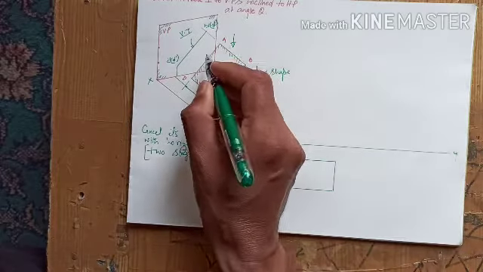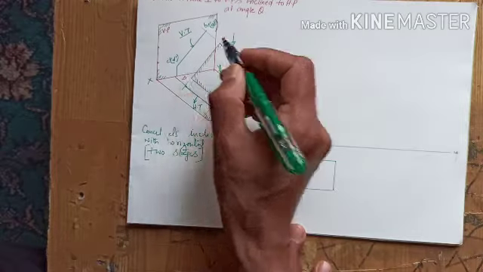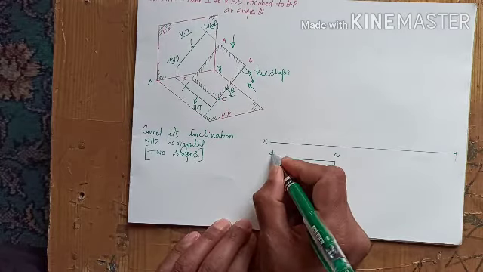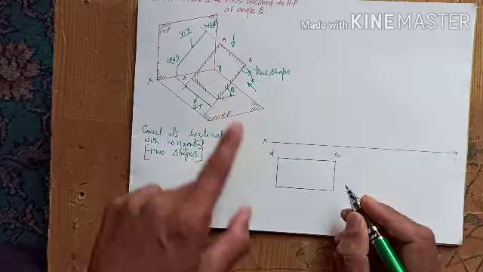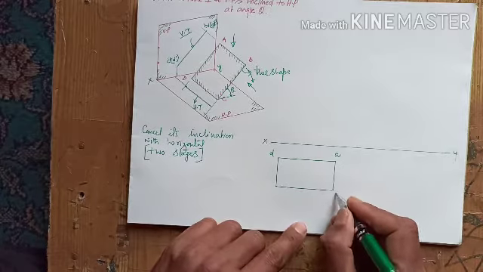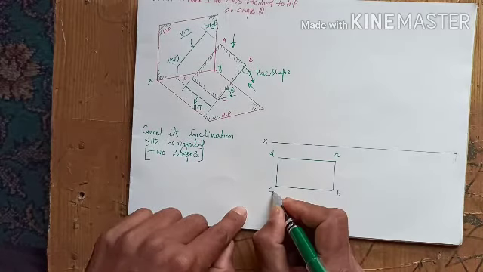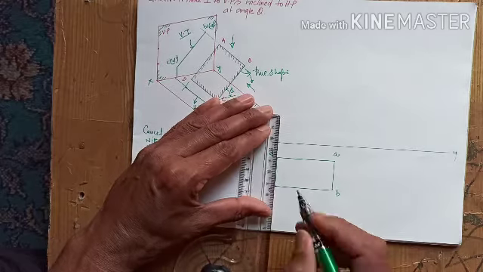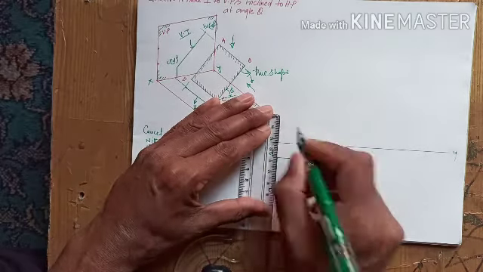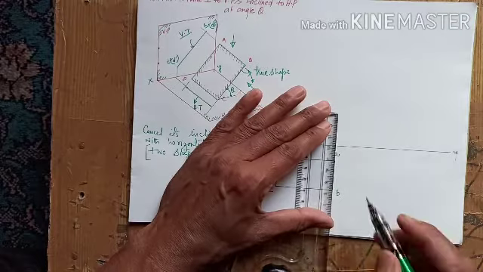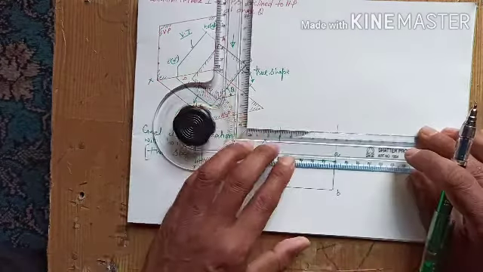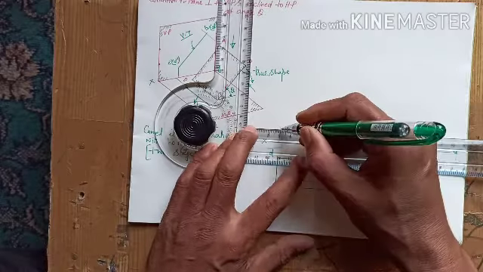The end nearer to the XY line is A and D, and the far end is B and C. If I project to find its front view, that front view will be a straight line.